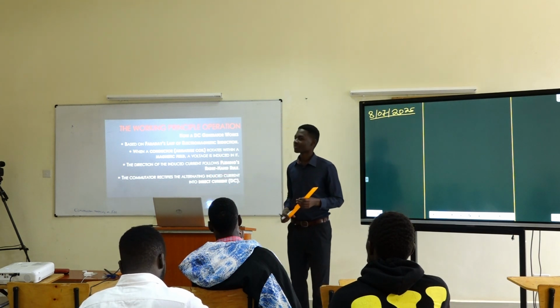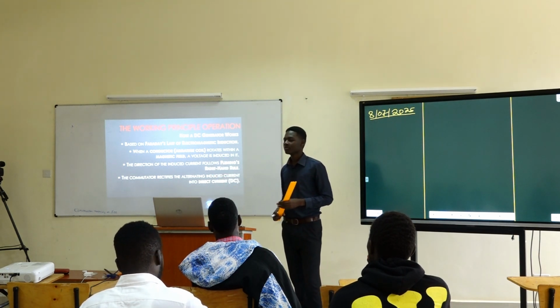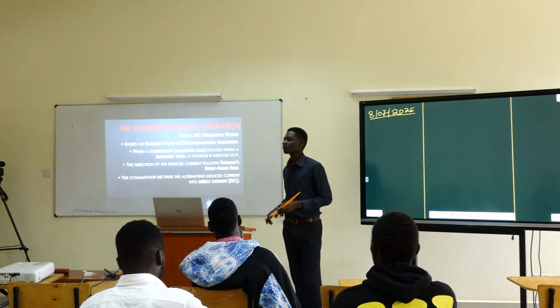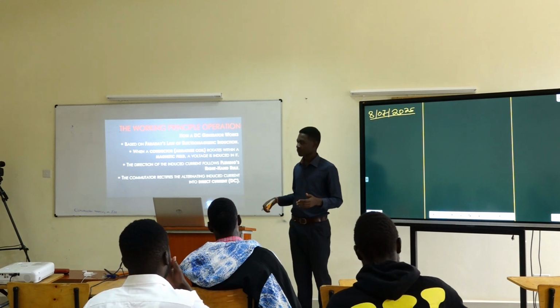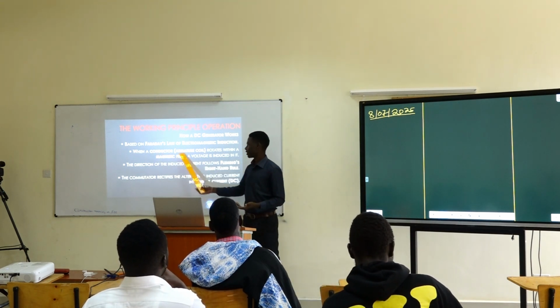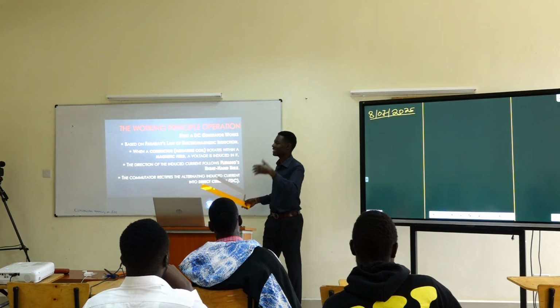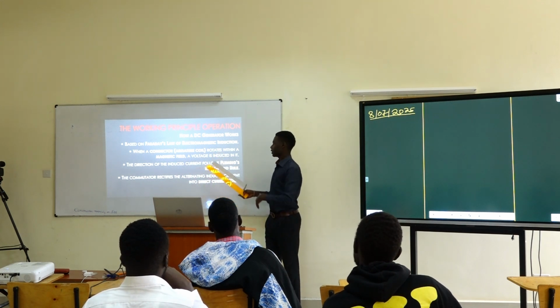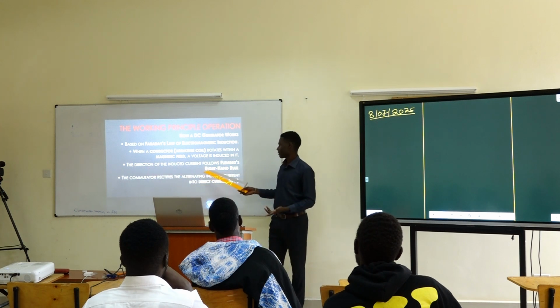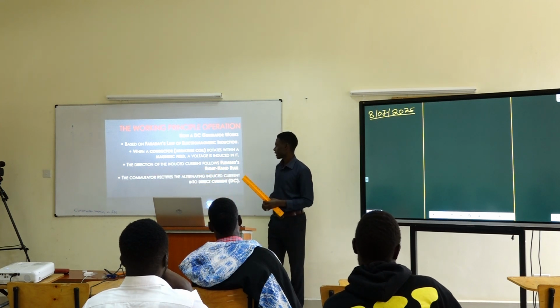Based on Faraday's law, when the conductor or the armature coil rotates within a magnetic field, a voltage is induced in it. Yes, that's correct. The direction of the induced current follows Fleming's right hand rule.